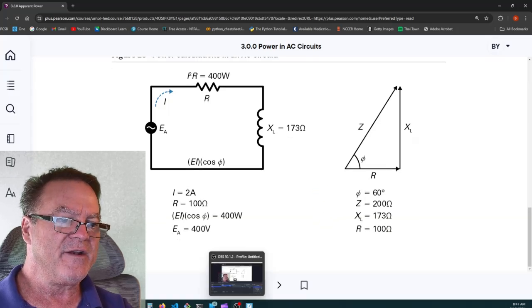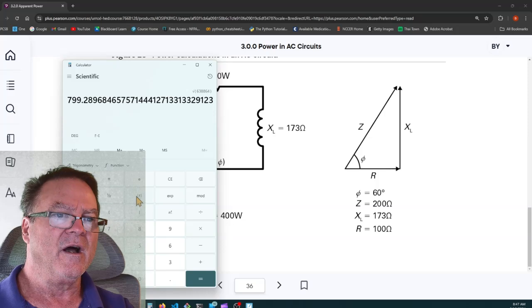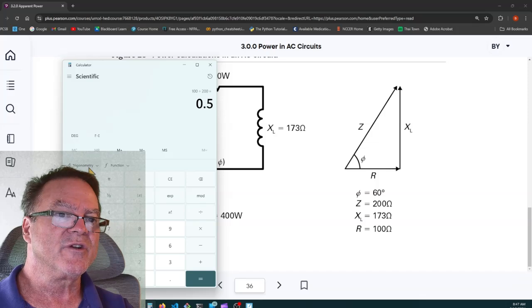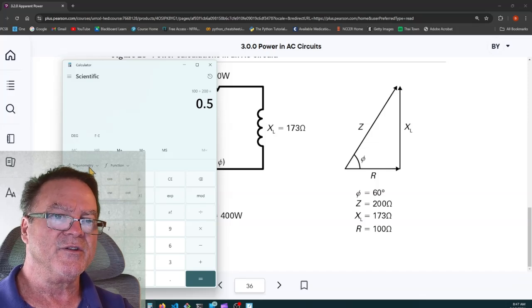And you can find that in your calculator. Here we said we have 100 divided by 200, and that equals 0.5. Now I have to get to trigonometry. It's the cosine, but I want to know the arc cosine.